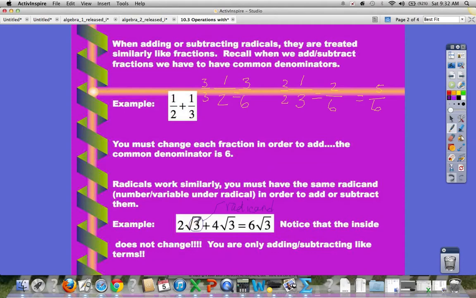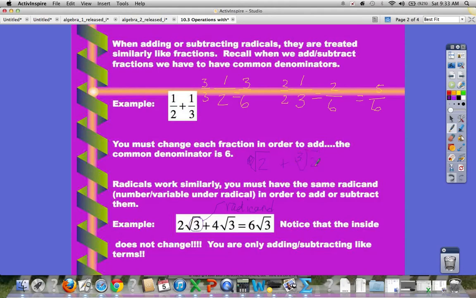And in order to add or subtract them, we're going to make sure that they have the same radicand. We're only going to be working with just square roots, usually in one problem, or cube roots in another. You will never be adding or subtracting different indices. In other words, you won't have a square root adding together with a cube root.